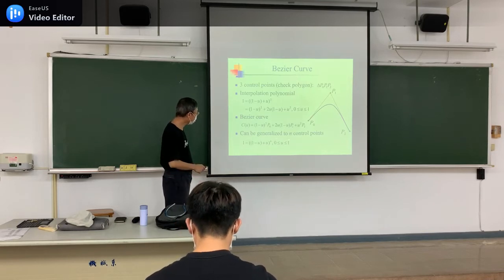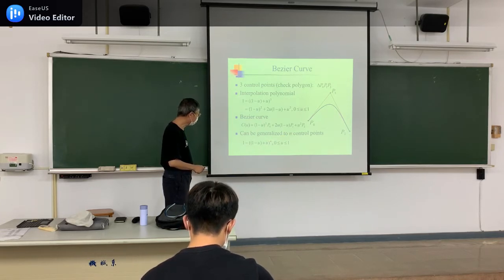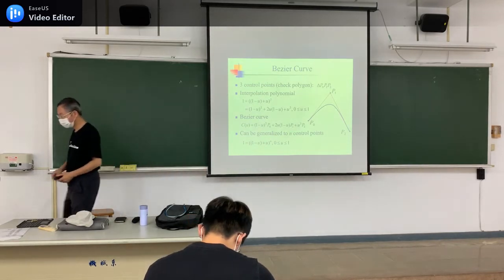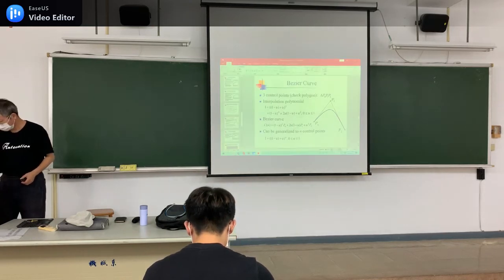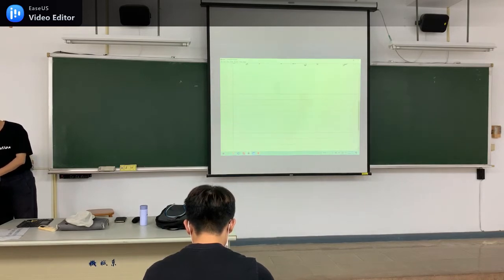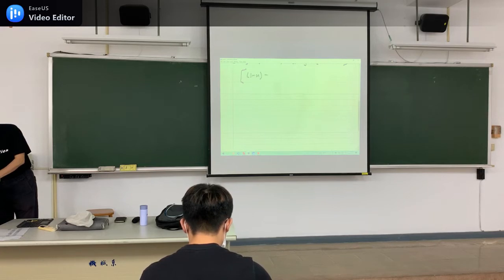So as I said, this can be generalized to n control points. For n control points, you need to use the binomial expansion. You can use the circle 1 minus u plus u to the n.